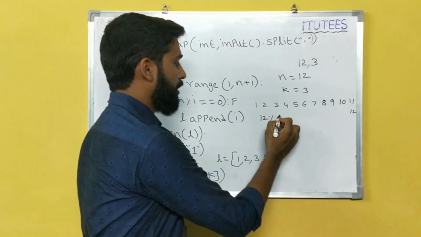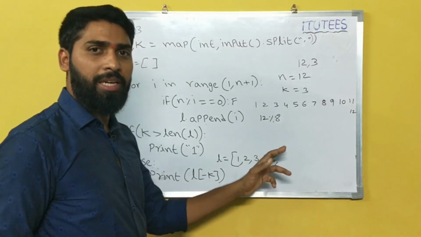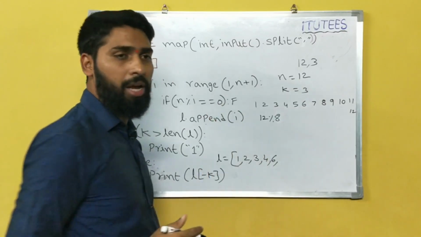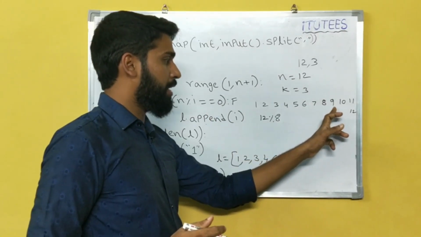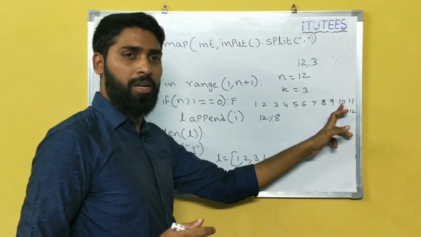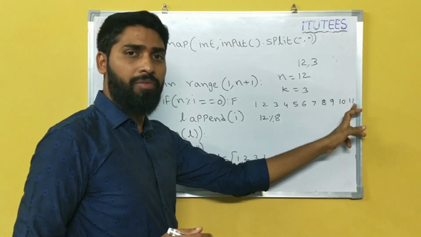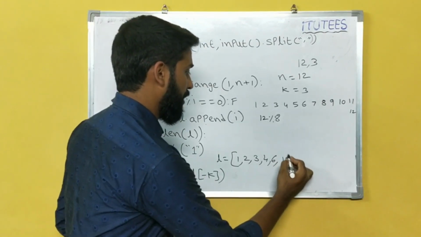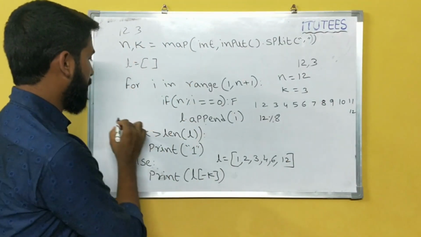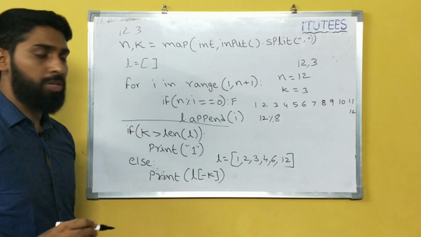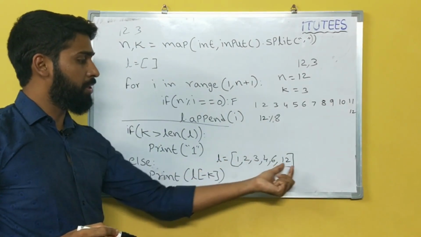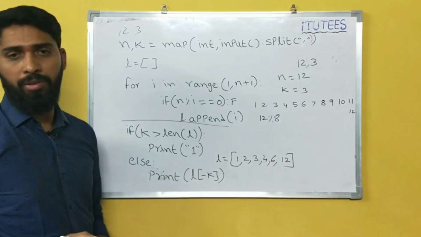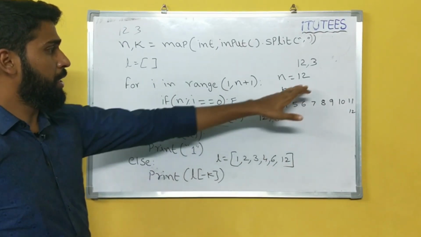Next 8, false, so we cannot append. Like that 9, false; 10, false; 11, false; 12, true. So 12 is appended to the list. Up to here, you can store all the factors of 12 in one list: 1, 2, 3, 4, 6, 12. These are the factors of the number 12.